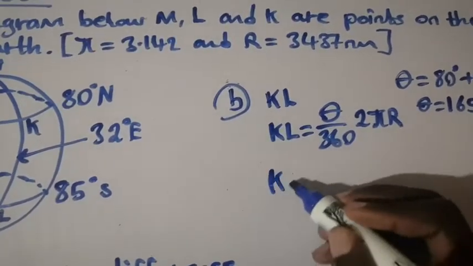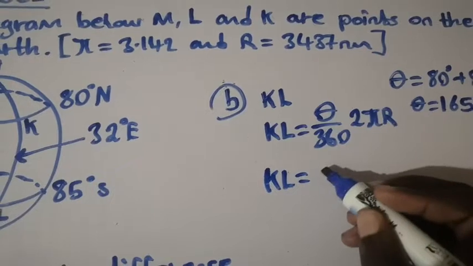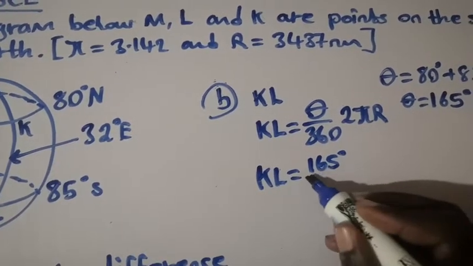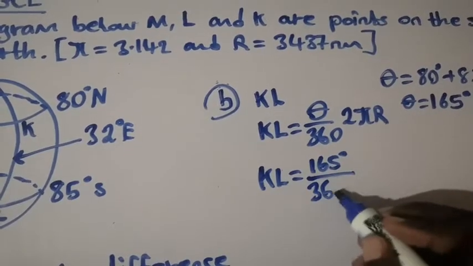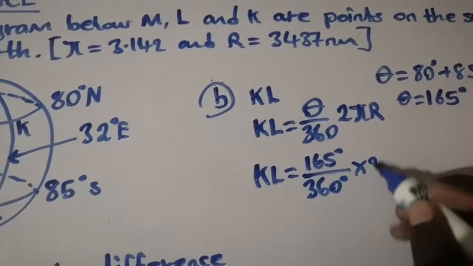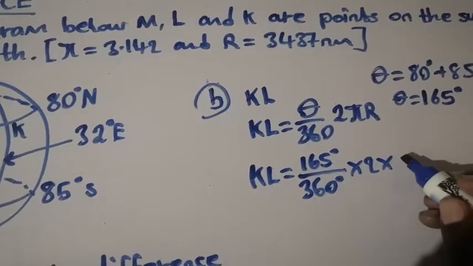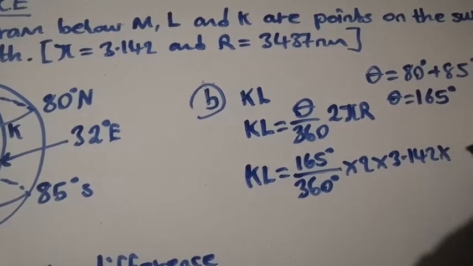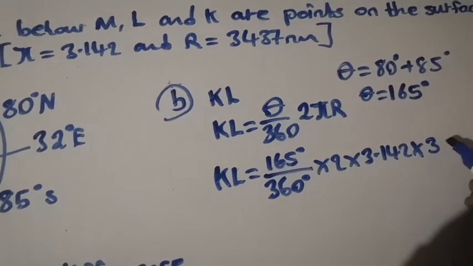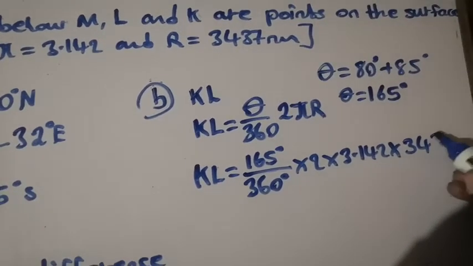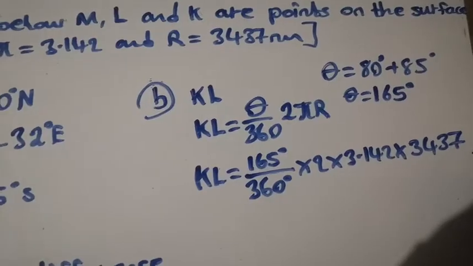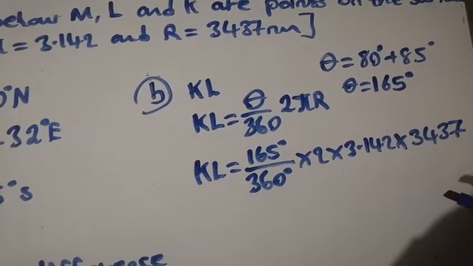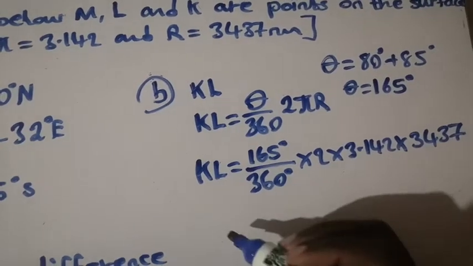So KL equals 165 degrees over 360 degrees times 2 times pi, 3.142, times radius, 3,437. So we have to punch these numbers on the calculator.